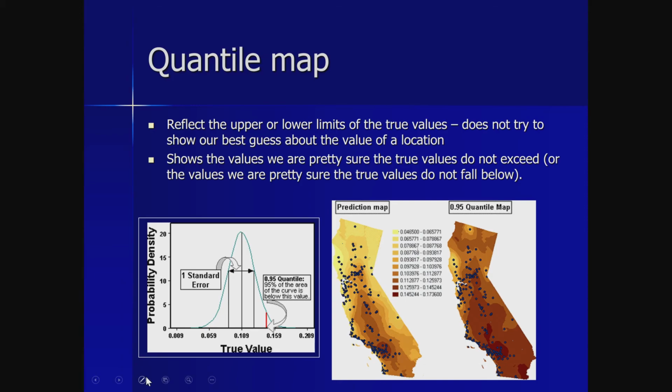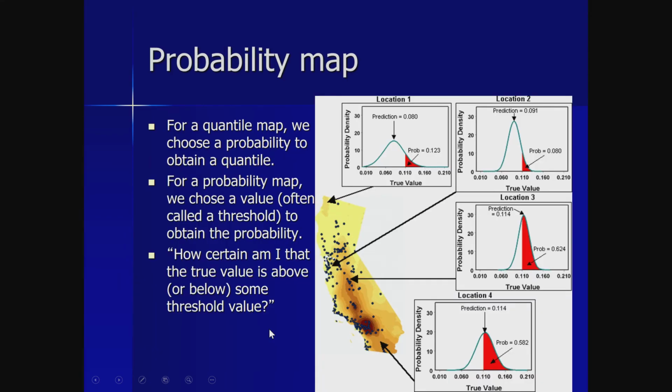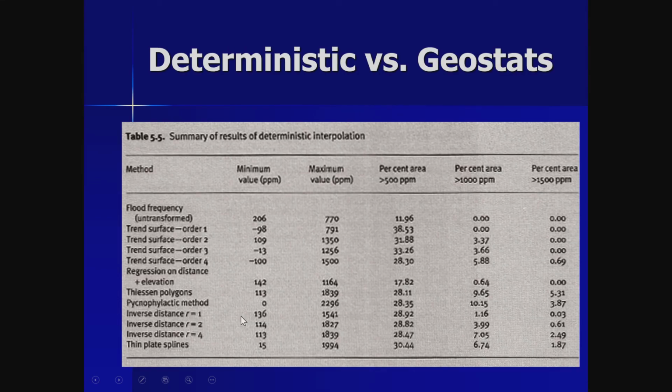You could look at this side and say it's either that or higher, but we're talking about this one in this case. You can specify those. And really a probability map is just the same thing, but we're looking everywhere at any value that you want. How certain am I that the true value is above or below some threshold value? That's a probability map.